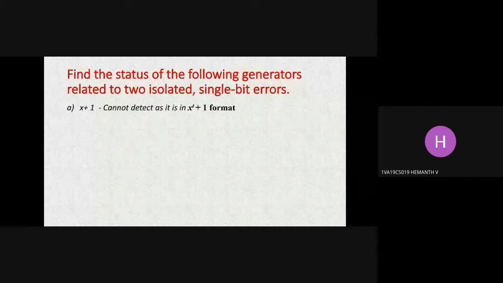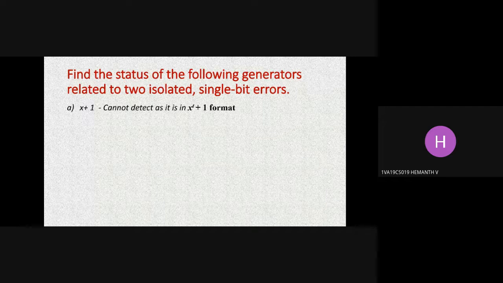So this given polynomial generator cannot detect, as it is in x power of t plus 1. See here, generator x, here t value is 1, x power of 1 plus 1. So the given polynomial generator is in this form, x power of t plus 1.